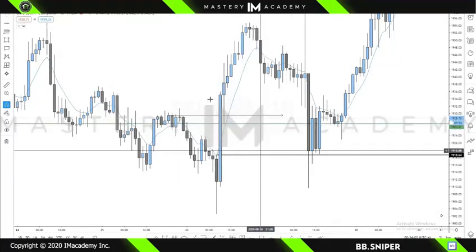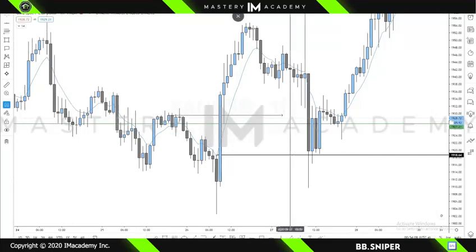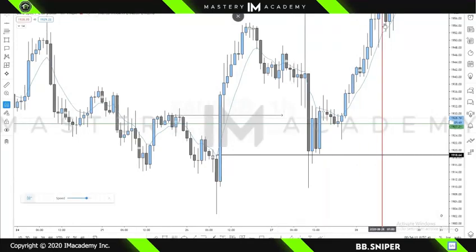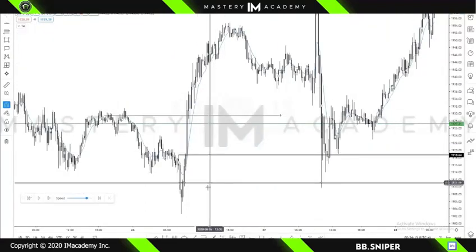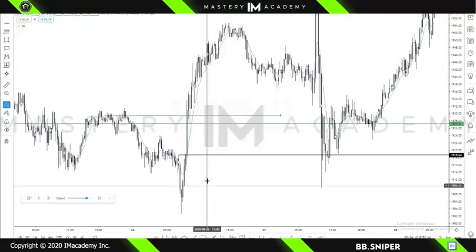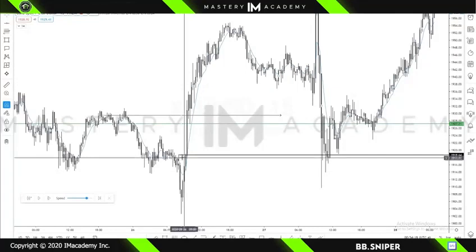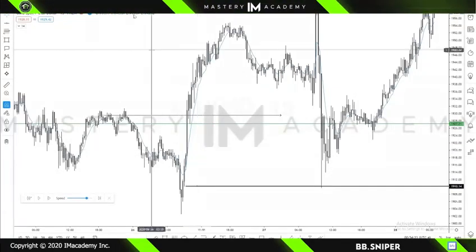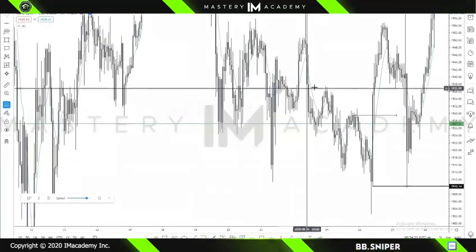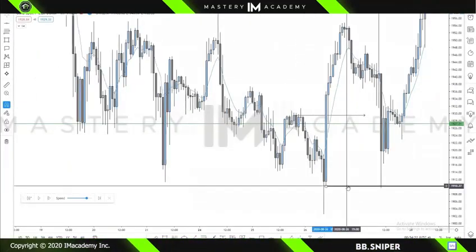One of my favorites to play. I actually want to see this on a 15-minute time frame, to see if it had a smaller candle in there, because I do believe it did. Yeah, it did, but it just dipped into the imbalance there.